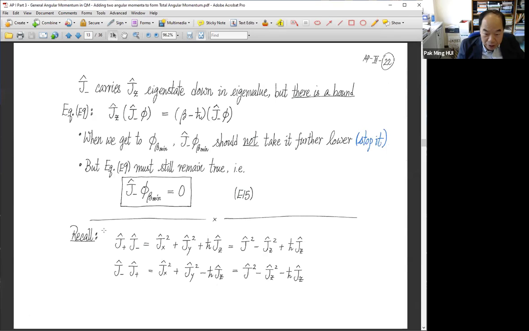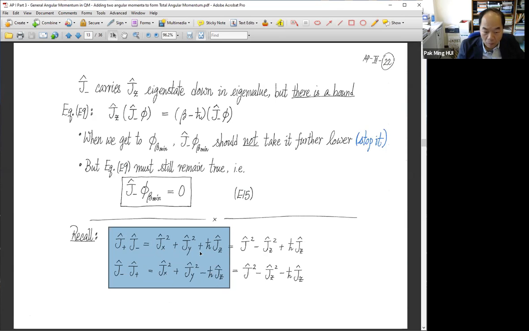A few pages ago, when we worked out the commutation of J plus, J minus, we arrived at these two lines. Take the difference, and we get the commutator 2 h bar JZ. Now, we make use of these two lines again, but in a different form.